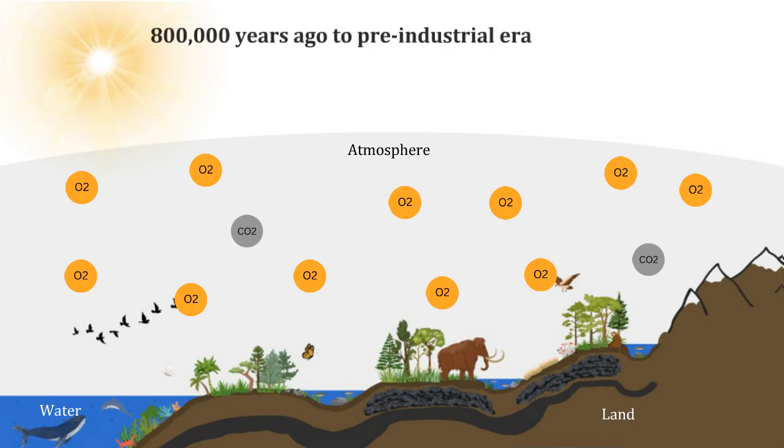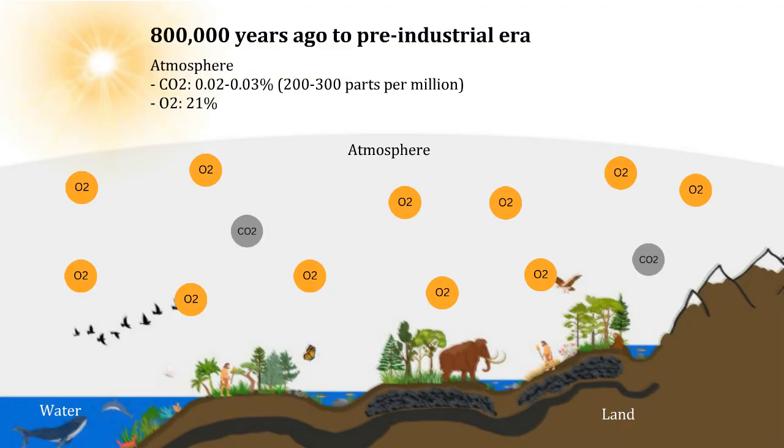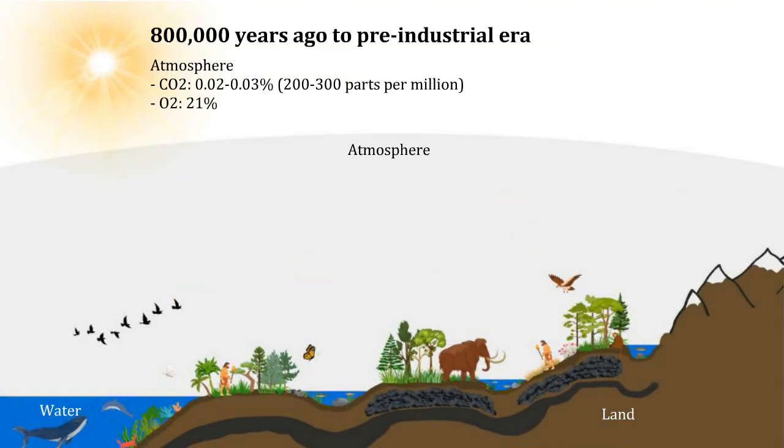For the past 800,000 years, the amount of CO2 in the air has stayed between 200 and 300 parts per million, a stable range that supported rich biodiversity and the arrival of Homo sapiens around 300,000 years ago. In the 10,000 years prior to the Industrial Revolution, the carbon cycle was in balance.